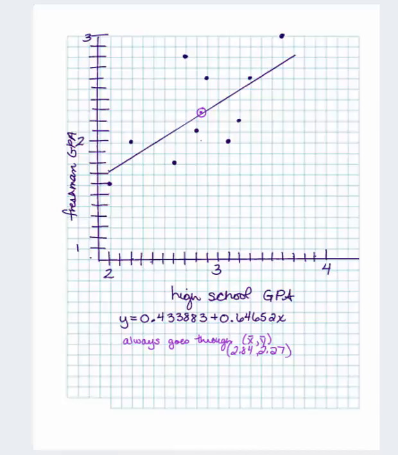Remember before we were talking about residuals, which was the distance between what was predicted, and the line is the predicted value, the point is my actual value. And we calculated the residuals by taking the actual y and taking away the predicted y.